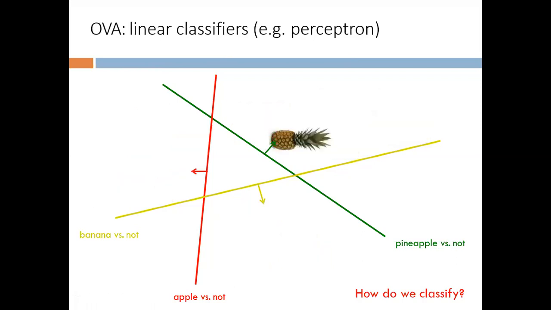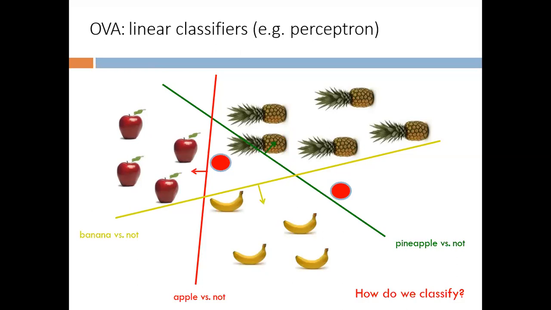Let us increase the difficulty level. Now, instead of one, we have introduced two new test instances at this location. None of these classifiers can correctly classify these two instances, because they lie in the overlapping region of the binary classifiers.